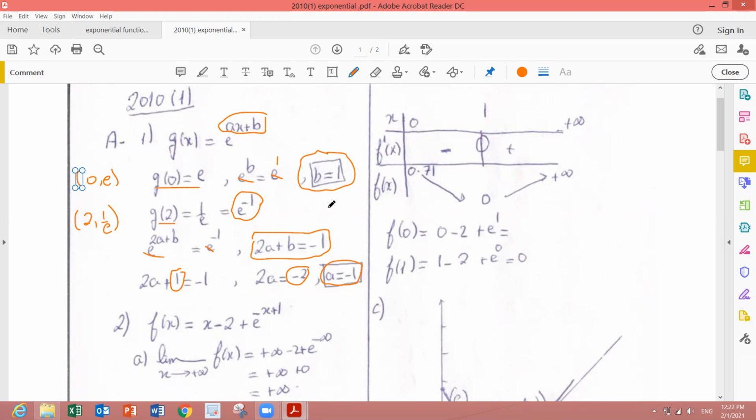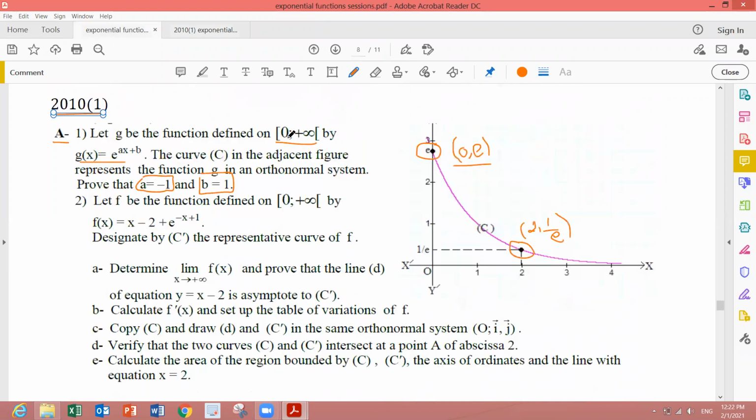Okay, can we see complete? Does anyone have a question? So we take information from the curve. We take two particular points. Here we have two unknowns, a and b, so we have to take 2 points from the curve.